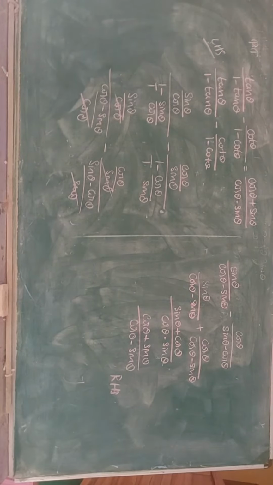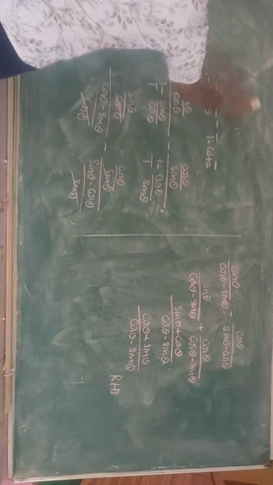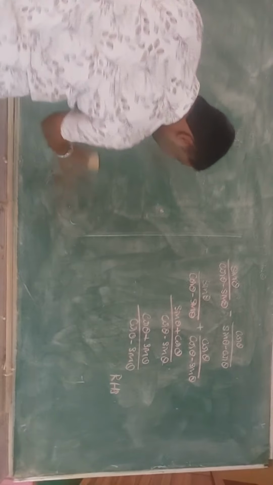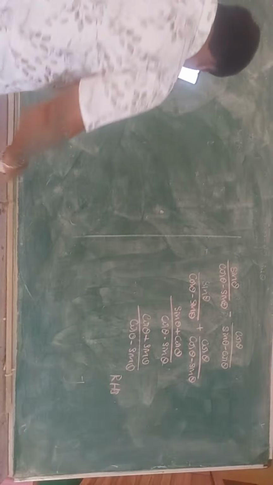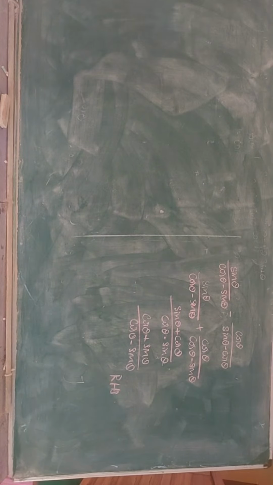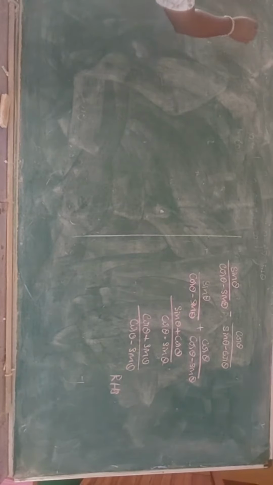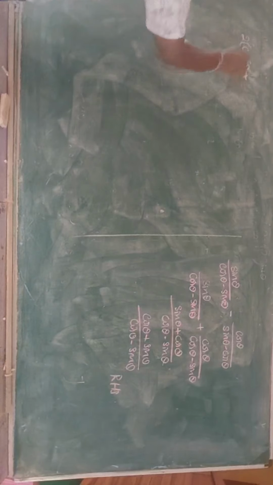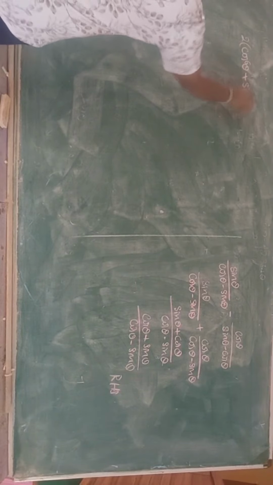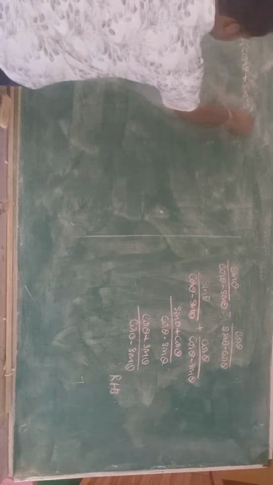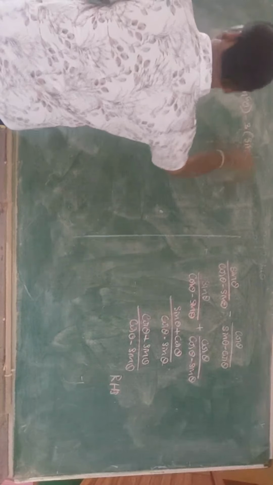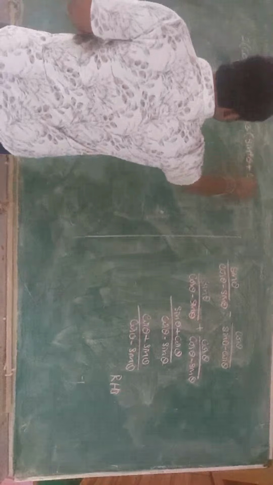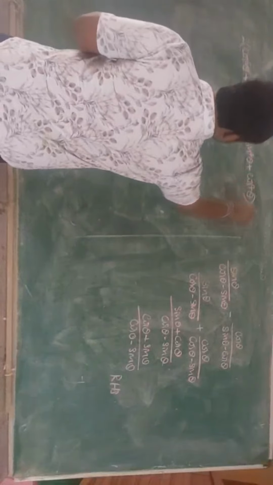Next question. Question number 22. Prove that 2 cos to the power 6 theta plus sin to the power 6 theta, minus 3 into bracket sin to the power 4 theta plus cos to the power 4 theta, plus 1 is equal to 0.